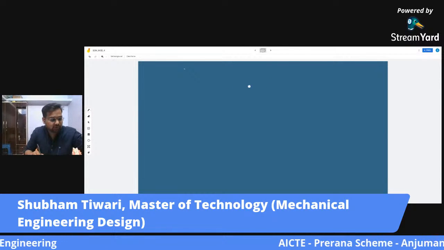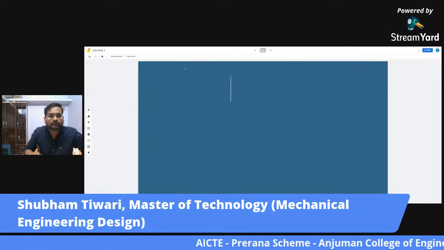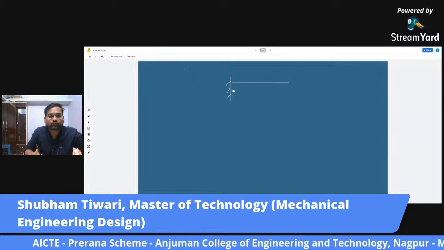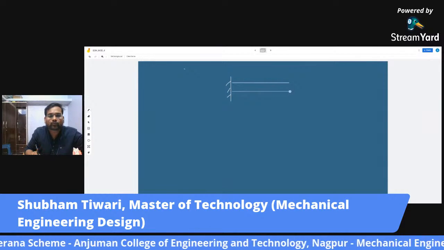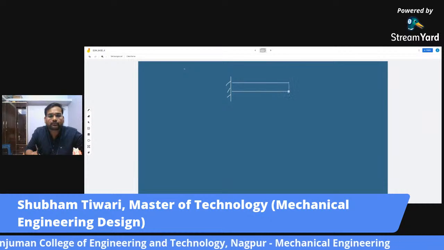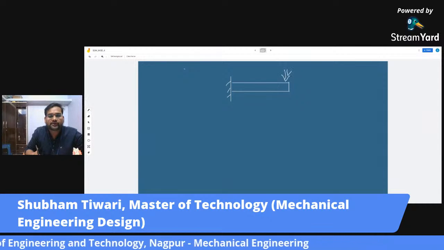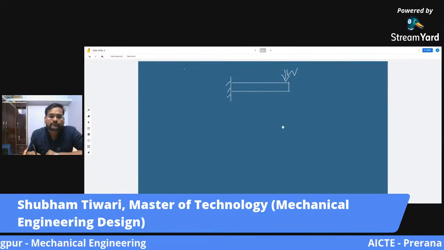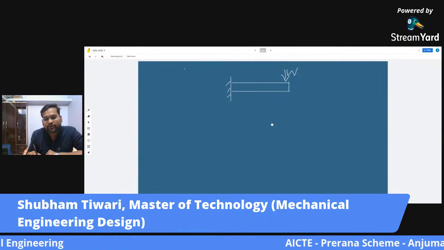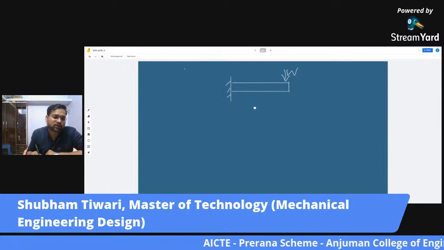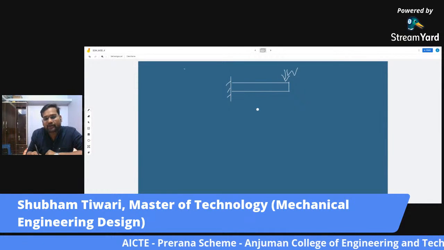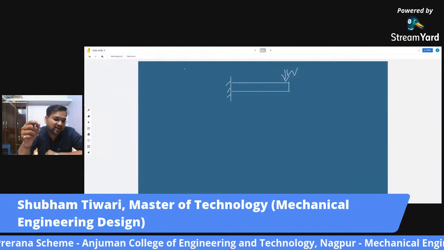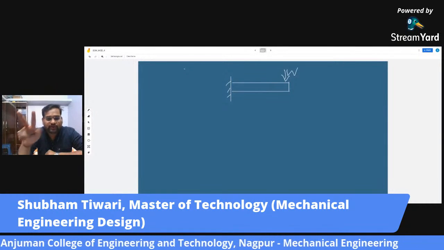What I told you in the chapter of stresses in beams, that suppose this is a beam and the beam is loaded with a point load W. So tell me what will happen. I told you that there is a possibility of this beam breaking in two ways.